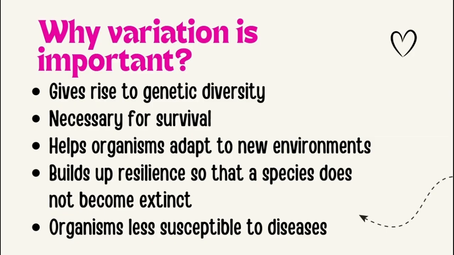Something like asexual reproduction, if we have a flower, it reproduces asexually, right? And it creates a bunch of offspring just like that. Let's just say that flower is susceptible to a particular disease, right? And then it will have like 20 offspring exactly like it.